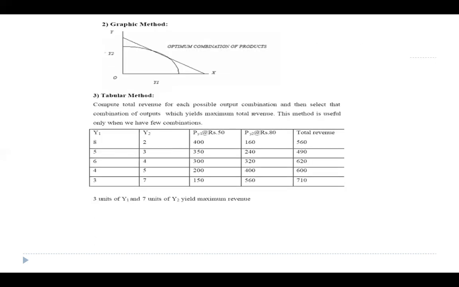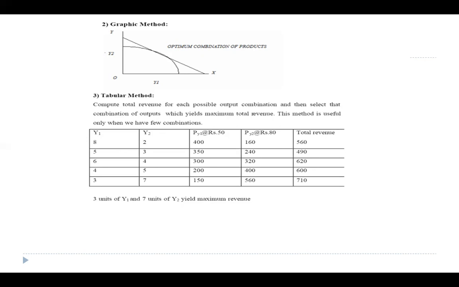Now, the next point, graphical method. In graphical method, you determine optimum combination of product with the help of production possibility curve. See in this diagram, production possibility curve is drawn, and one line is drawn on that curve. That line is called price line or iso revenue line.